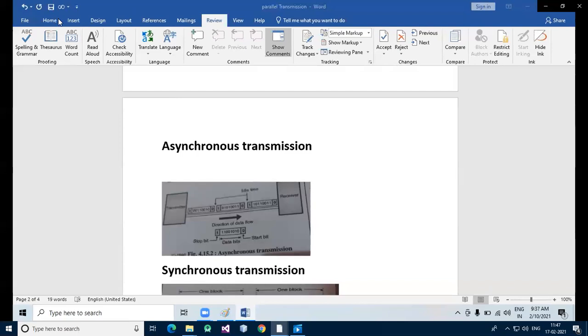In asynchronous transmission, the data byte can be transmitted at any instance of time. Only one byte is sent at a time, and after sending one byte, the next byte can be sent after an arbitrary time delay, as we can see in this figure.